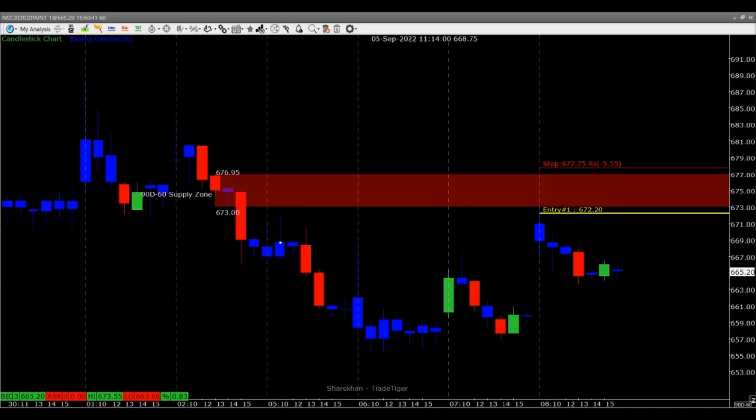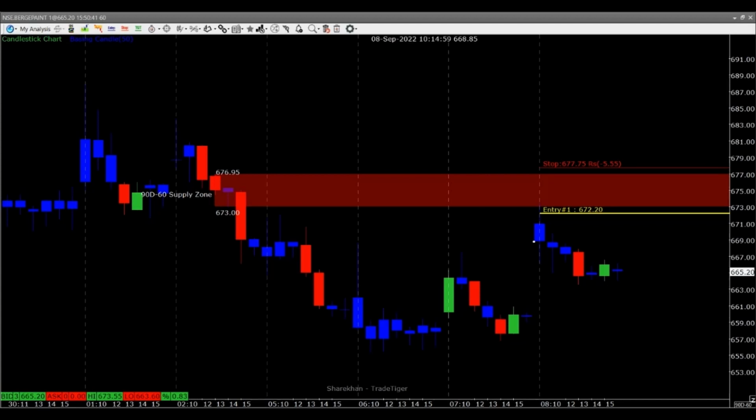I had placed it there because I saw this supply zone coming in from the past. So usually I will place my entry price just before the supply zone, and my stop loss will be just above the supply zone. So I had placed this order, and this was not the only order that I had placed. I had placed almost 6, 7 other stocks, but only one got executed.